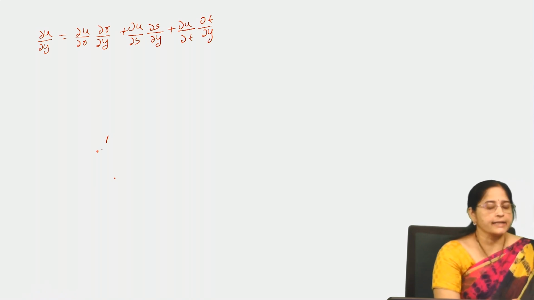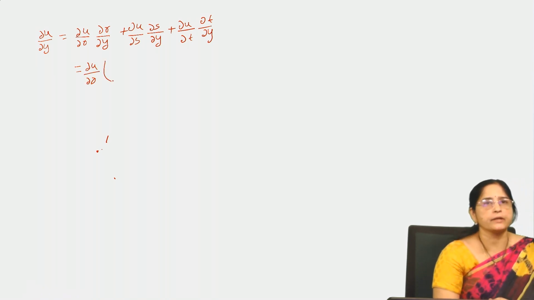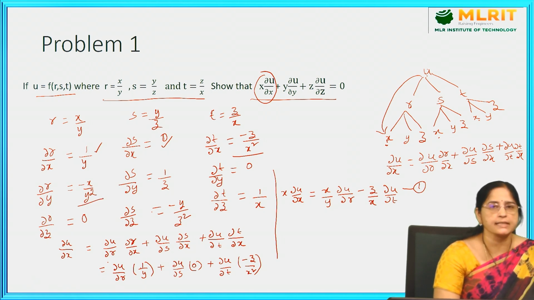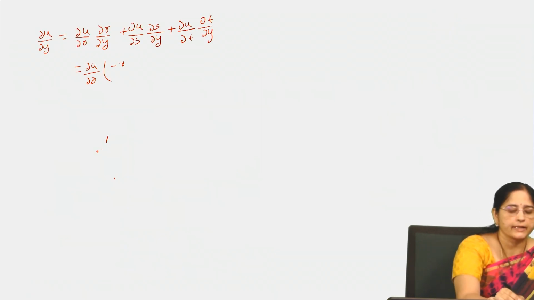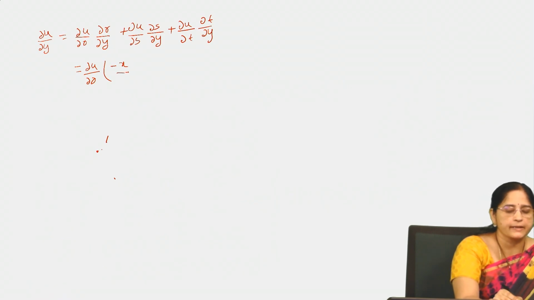So we calculated dou r by dou y. What is dou r by dou y value? Dou r by dou y is minus x by y square.